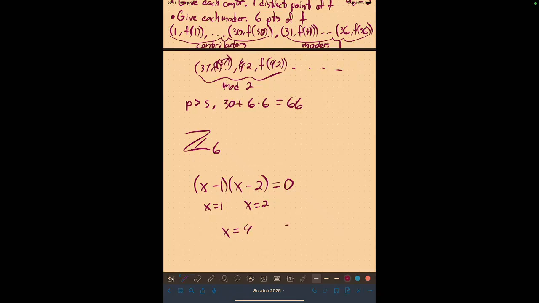Because if you plug x in, it'll be 3 times 2, which is equal to 6, which is congruent to 0 mod 6, which is a problem. So this breaks, for example, property 1, which says a polynomial can only have as many roots as its degree. This has more than the degree many roots. So you start breaking all your properties, and your multiplication doesn't work. Yeah?